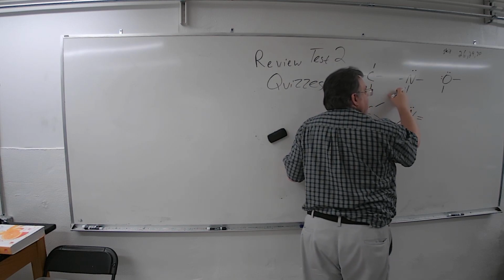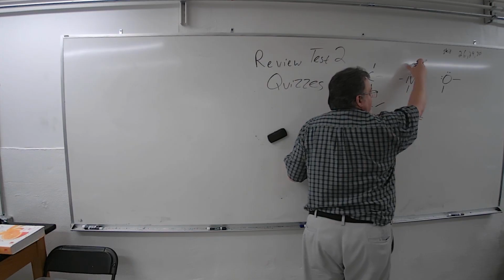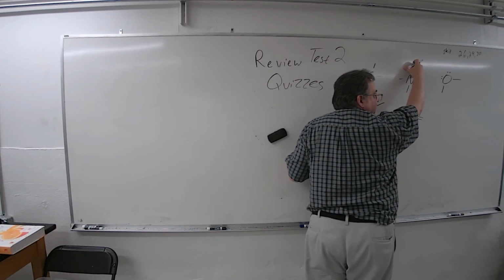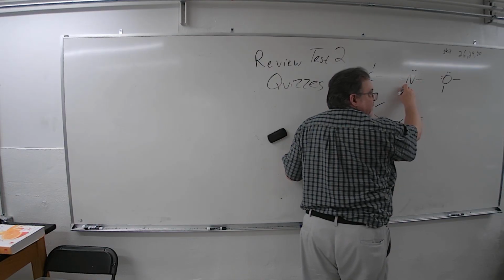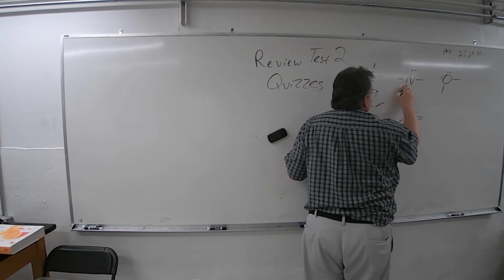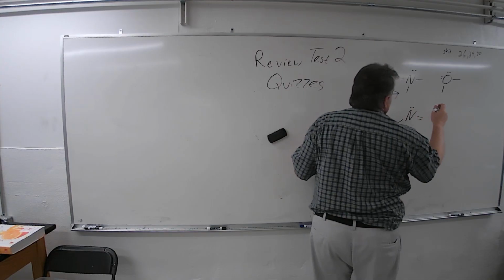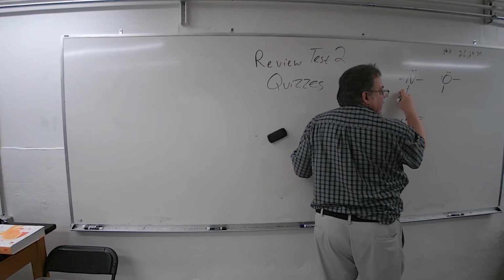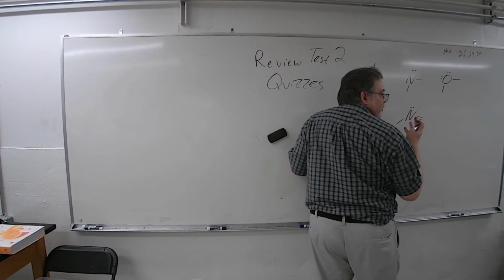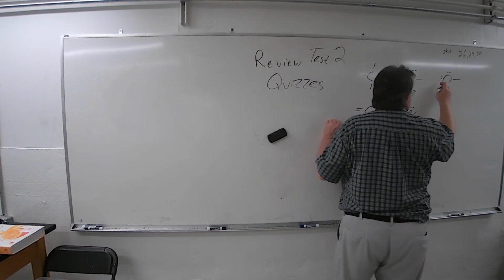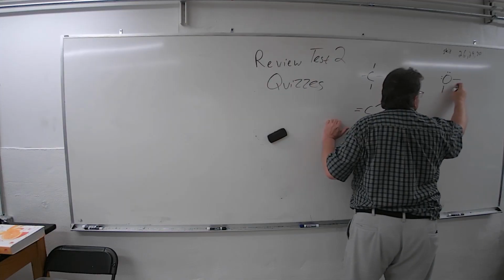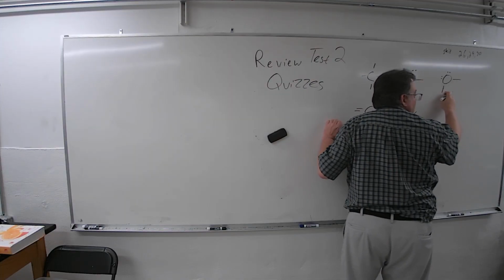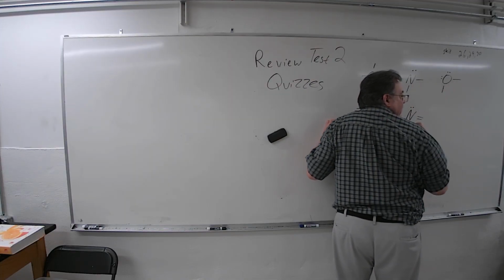So its electron geometry is tetrahedral, but you ignore that pair of electrons, so its molecular shape is trigonal pyramidal. This one is also, so the bond angles are 109.5 because the bond angles come from the fact that there's 4 things around it. This has 4 things around it as well, so this bond angle is 109.5, but we call that bent. With me.